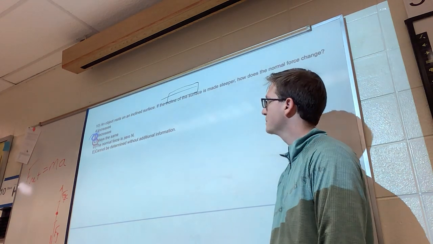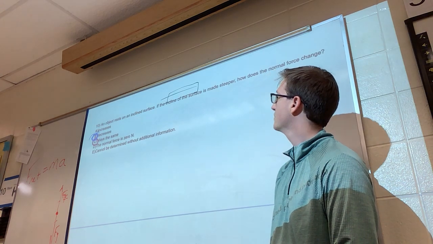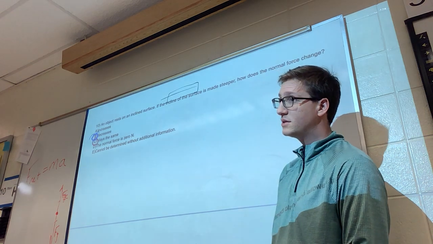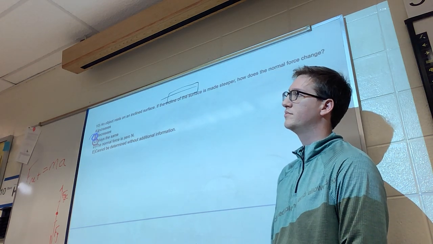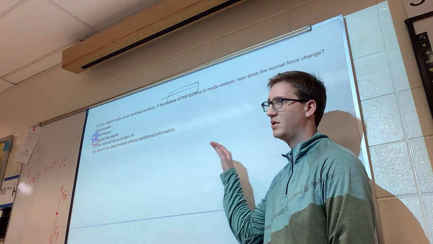An object rests on an inclined surface. If the incline of the surface is made steeper, how does the normal force change? So this is a hard one to do. You could do it with algebra and set up all of the things.